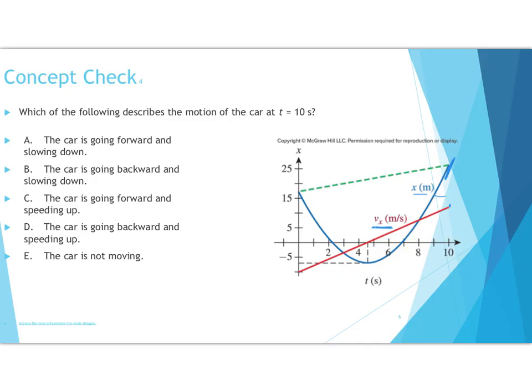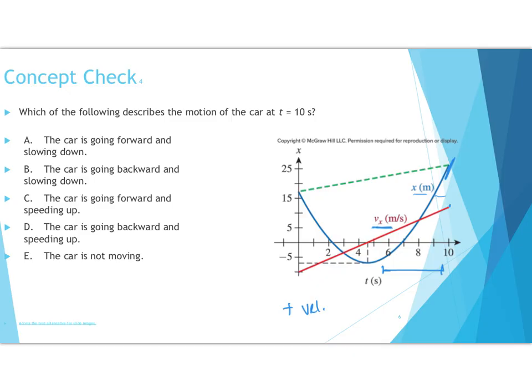Both of the graphs would tell us that we would have a positive velocity, and it does seem that as we are going from 4 seconds to 10, the slope of the blue line is getting bigger, and we also see that the velocity graph is also growing. We see that the velocity is positive, as is the slope of the position graph, so we know that it's moving what we would consider forward.